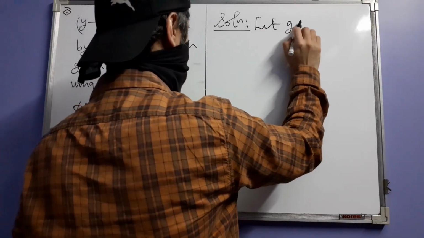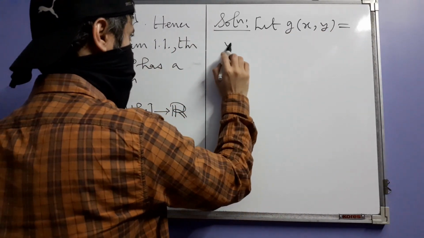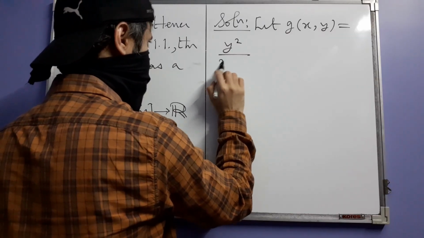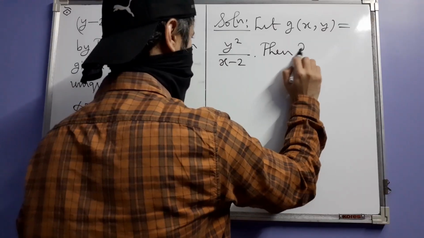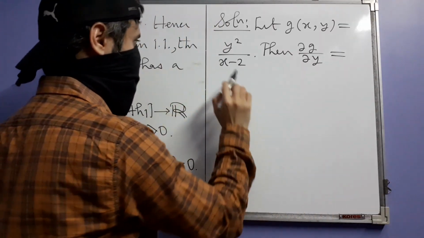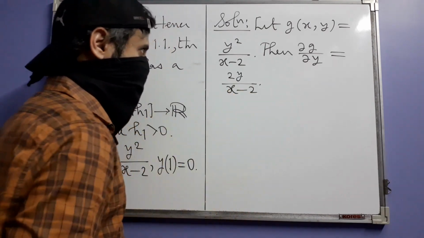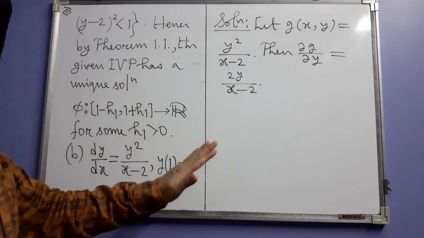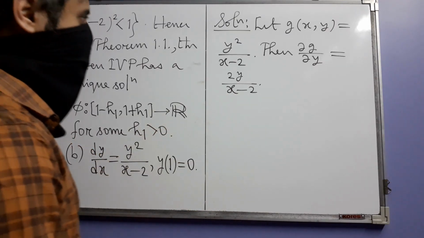Let g of x comma y be y squared divided by x minus 2, then del g del y is 2y divided by x minus 2. So both g and its partial derivative have that problematic term.